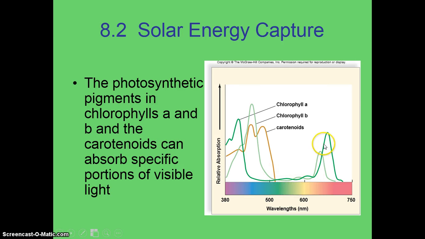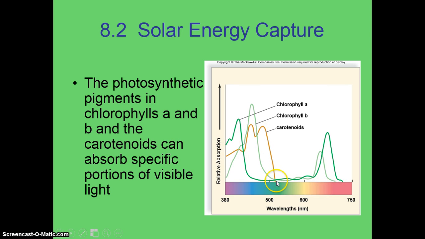And the absorption increases again down here in the 600 to 750 nanometer wavelength area. Chlorophyll B, again, has a high absorption in the blues, and it tends to reflect more in the green, yellow and green area, and absorb again in this end of the spectrum.